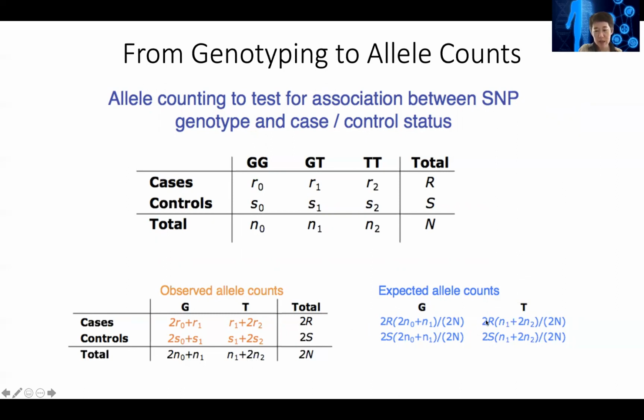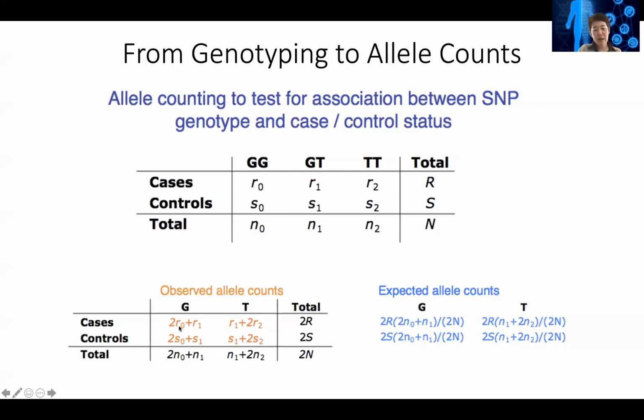And then you ask, what is the expected alleles? Because we know in the total population, we see the G alleles appearing out of the total, basically it's the G divided by the G plus T, the expected G in the cases and the expected G in the controls.